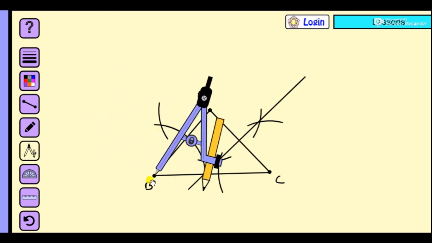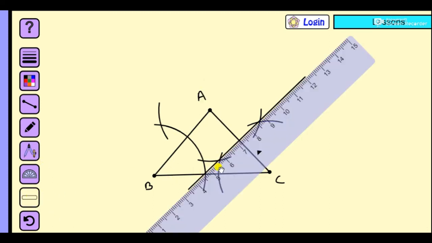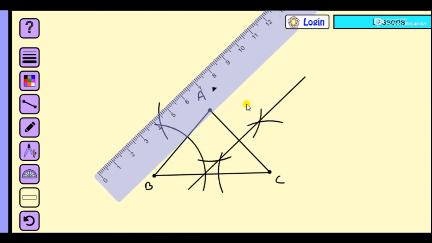Like this, and remove the roundel and take a scale, this one is the scale, and draw a second line.